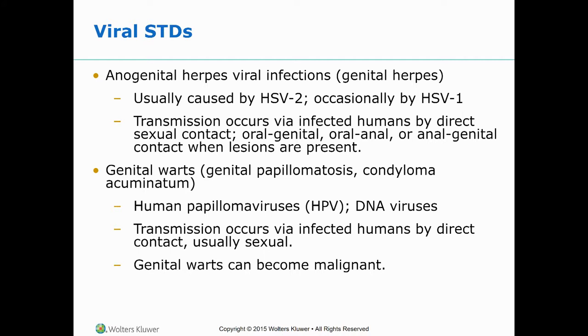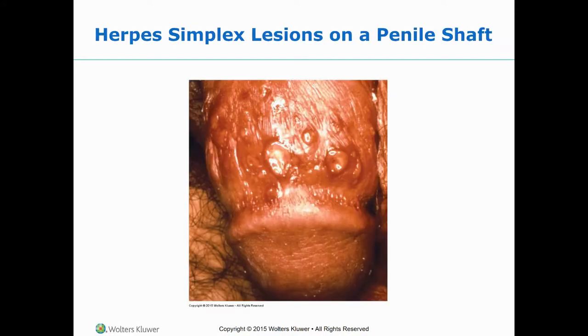This is a DNA virus, and it usually occurs by direct contact through sexual transmission. Now, genital warts can become tumors, so that is why they're concerned, and that's why a lot of times you hear about the human papillomavirus vaccine to prevent future issues with cancer within the genital areas.